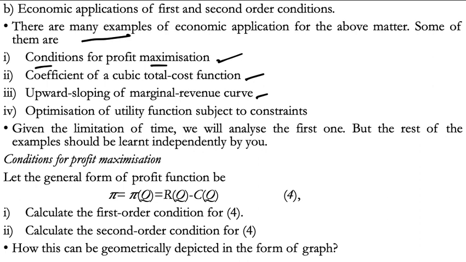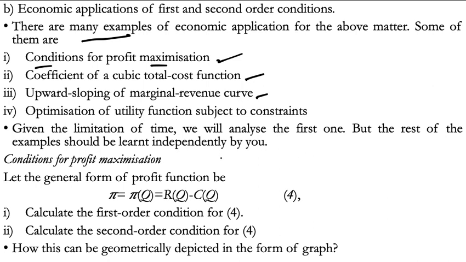Now, if we look at the condition for profit maximization here, we have the profit function, in which revenue minus cost is given by expression 4. The first thing that we need to do is to calculate the first order condition, because by having the first order condition, we know that the profit has been maximized.